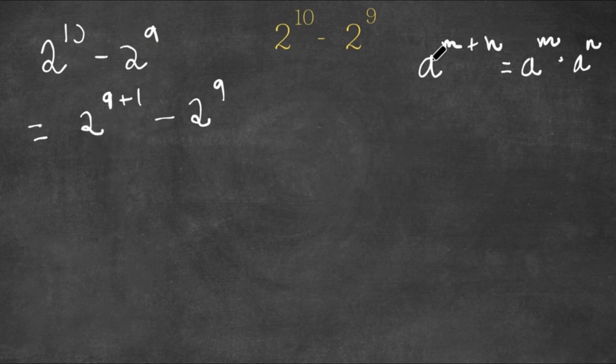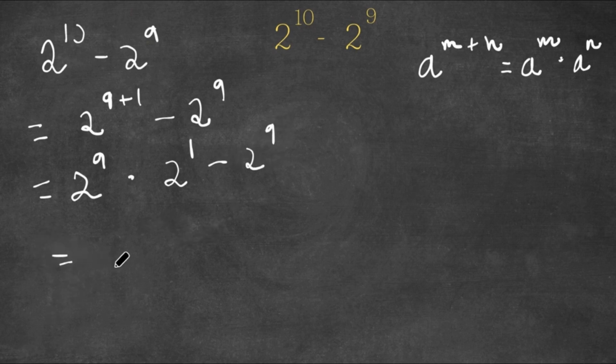I'm going to use this property for 2 to the power of 9 plus 1. We can think of 2 as a, 9 as m, and 1 as n. So this would equal 2 to the power of m, which is 9, times 2 to the power of n, which is 1. And now we are subtracting this with 2 to the power of 9.